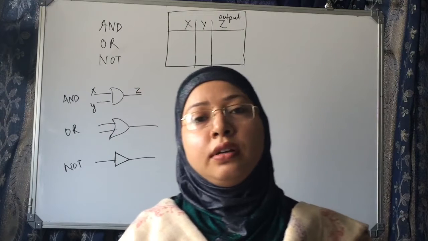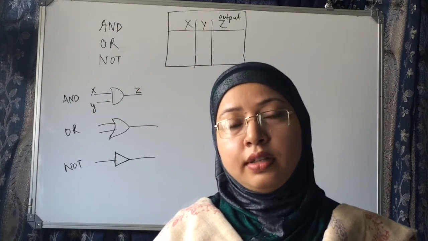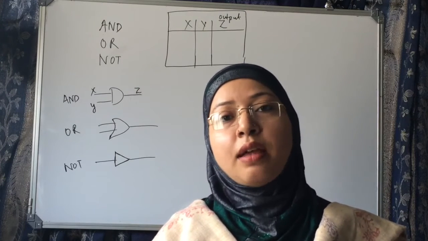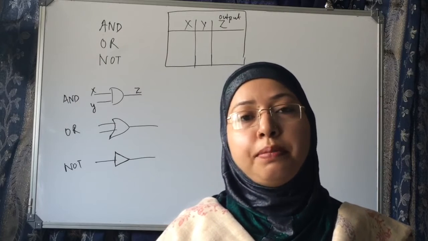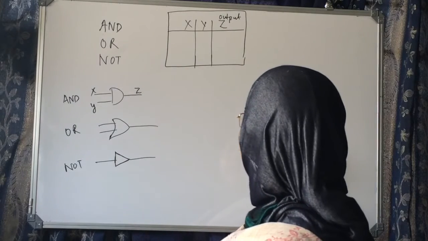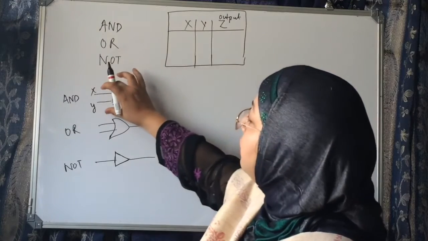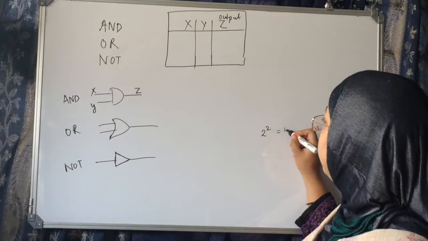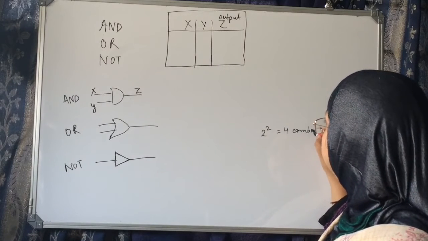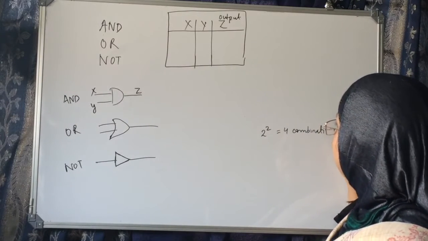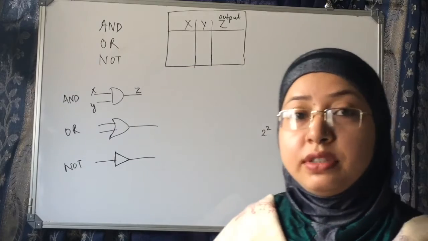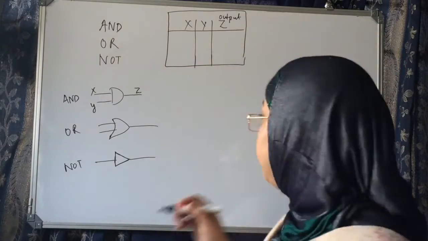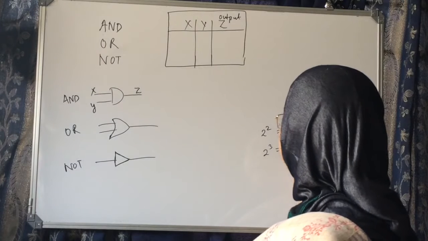When there are two inputs, how many combinations are possible? 2 to the power of 2, that is 4 combinations. And when the number of inputs is 3, then the combinations possible will be 2 to the power of 3, that is 8 combinations.